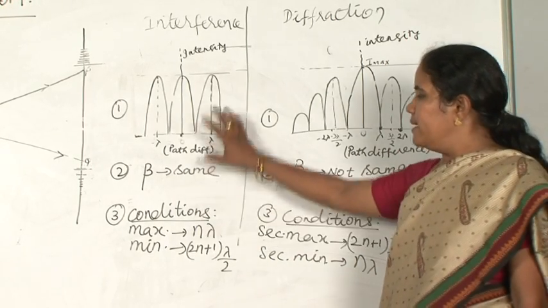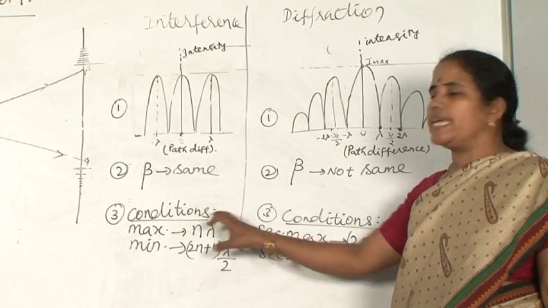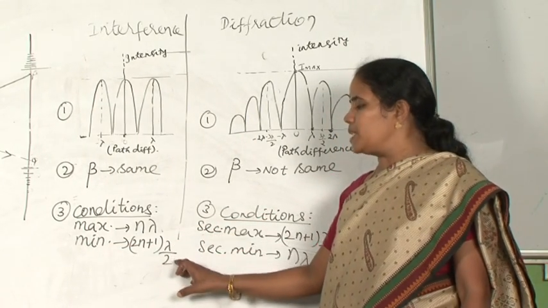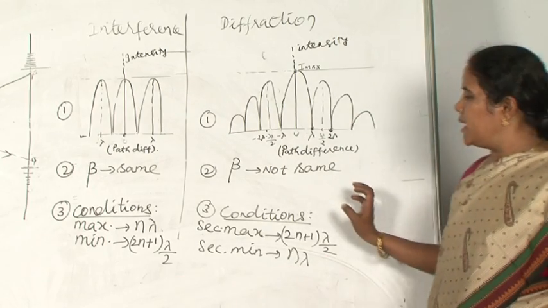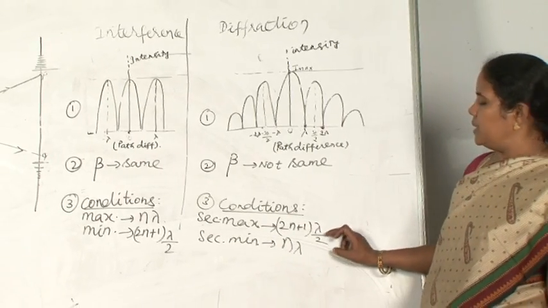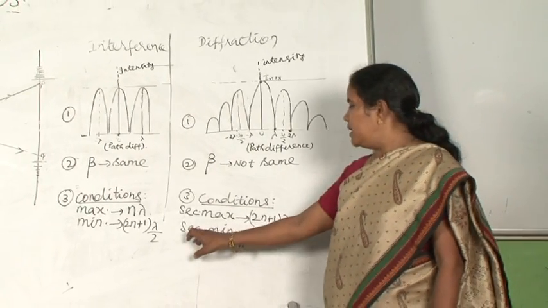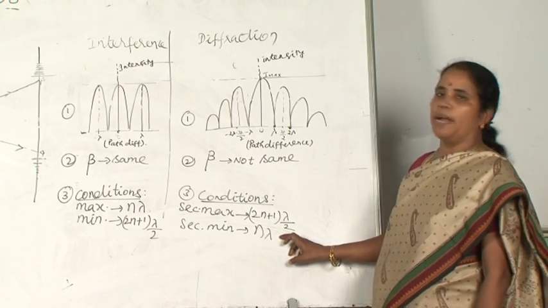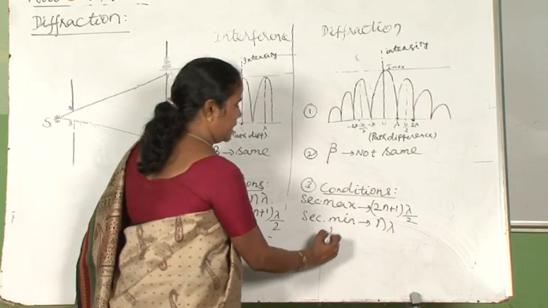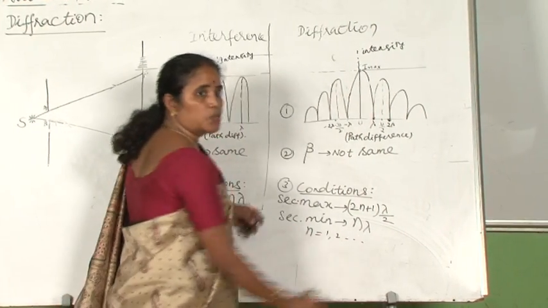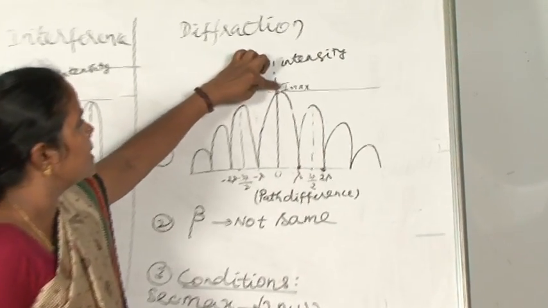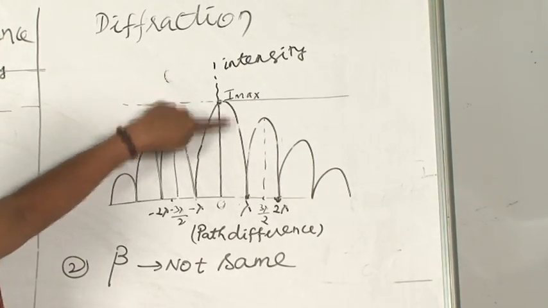In interference, the condition for maximum intensity is n lambda and the condition for minimum intensity is (2n plus 1) lambda by 2, whereas in diffraction the condition for secondary maxima is (2n plus 1) lambda by 2 and the condition for secondary minima is n lambda. Here n is equal to 0, 1, 2 etc., whereas here n is equal to 1, 2 etc. The intensity of the central maxima is maximum, marked as I maximum, where the path difference is 0.